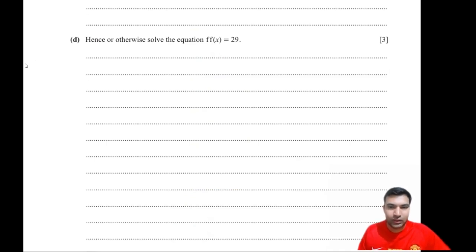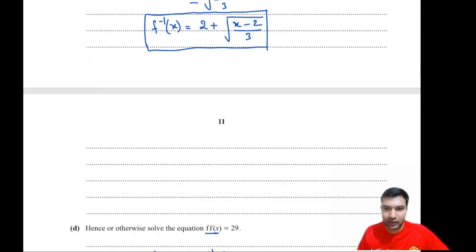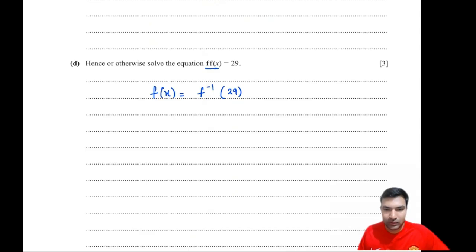So how do you solve it? Don't do it with the combined functions, don't set f of x equal to 29 and make a complex quadratic. No. We just take f of x is equal to f inverse of 29. So what is the inverse function? f inverse of x is 2 plus the square root of (x minus 2) over 3.